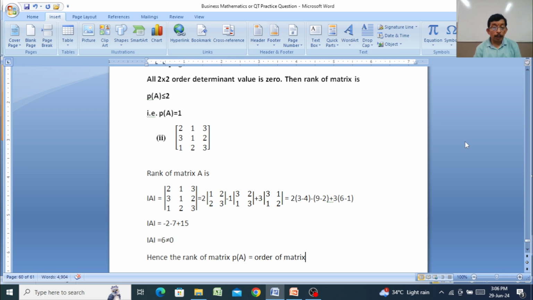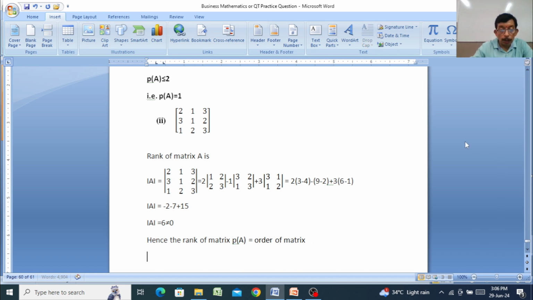If the determinant is non-zero, then the rank of the matrix P is equal to the order of the matrix. Now the rank of the matrix is equal to 3. Answer. It is clear: the rank of the matrix is equal to the order of the matrix if the highest order determinant is non-zero.